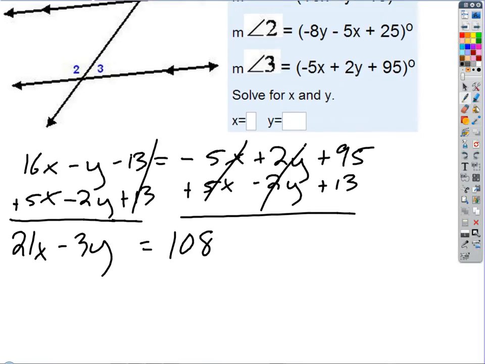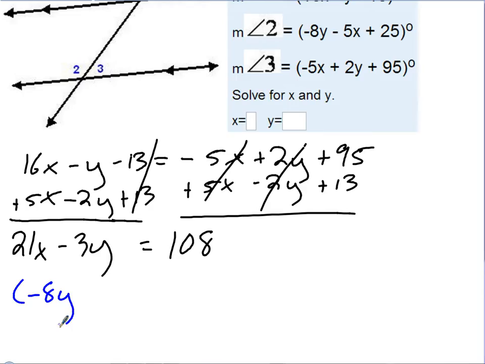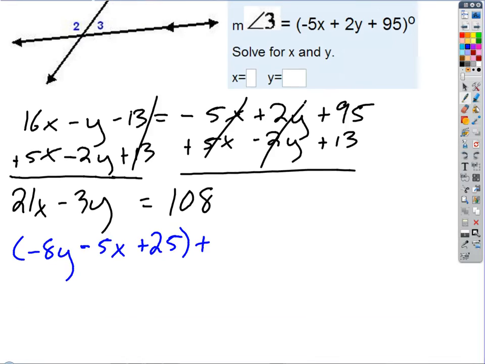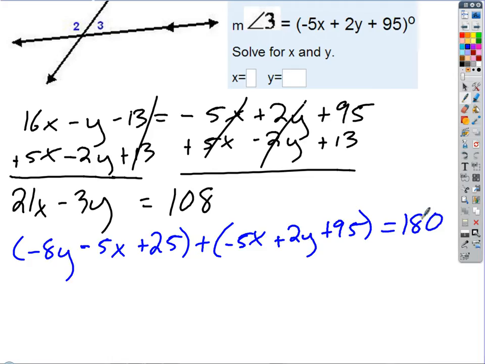So negative 8y minus 5x plus 25 plus the measure of angle 3, which is negative 5x plus 2y plus 95, equals 180, right?